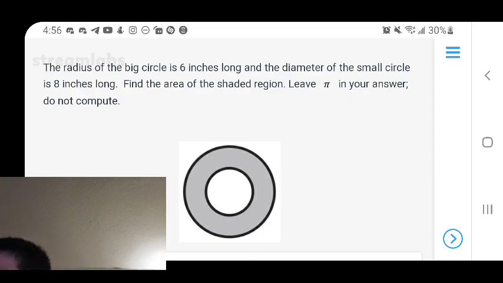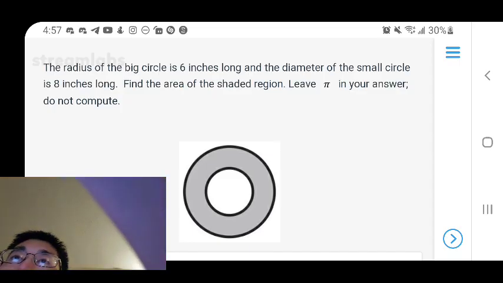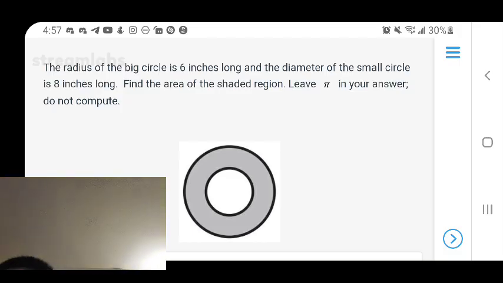So area of a circle is pi r squared. To find the area of the shaded region, you subtract.